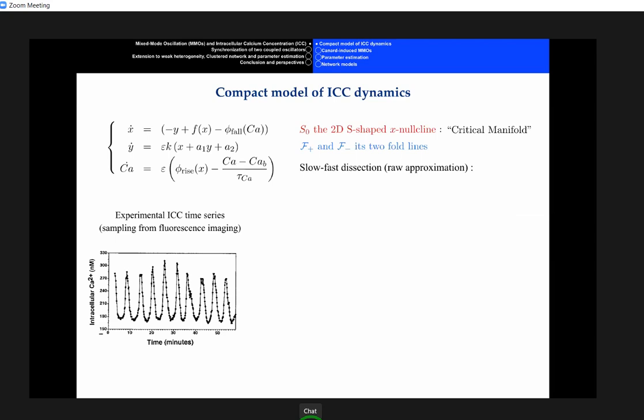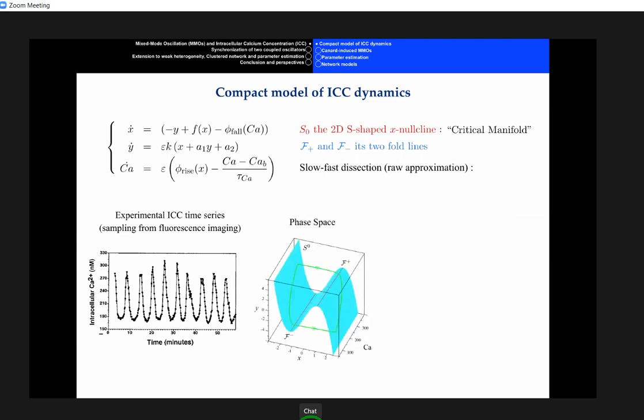And so the slow-fast dissection, exactly what I explained on the Fitzhugh-Nagumo system, gives us the row approximation and allows us to understand how to reproduce the experimental time series according to the value of the parameter.